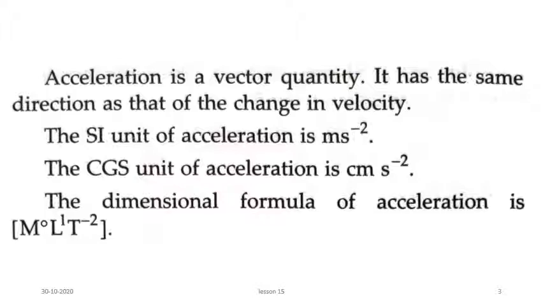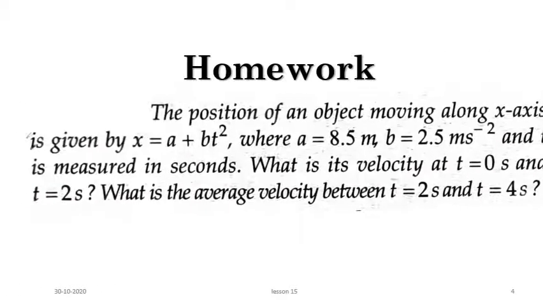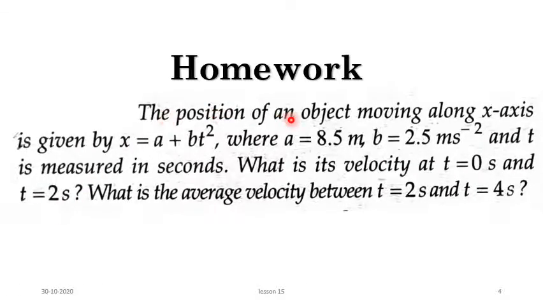Fine. Now let's take another question for your homework. The position of an object moving along the x-axis is given by x equals a plus b t squared, where a equals 8.5 meter, b equals 2.5 meter per second square, and t is measured in seconds. What is its velocity at t equals 0 seconds and t equals 2 seconds?